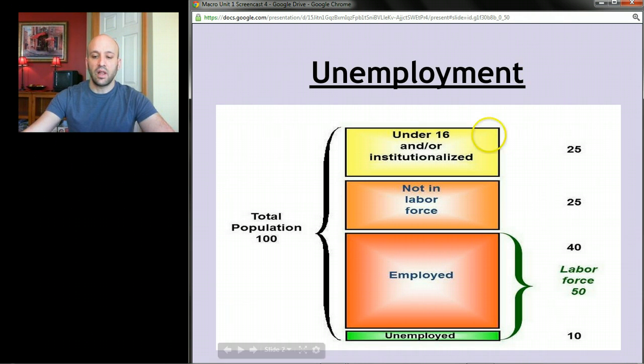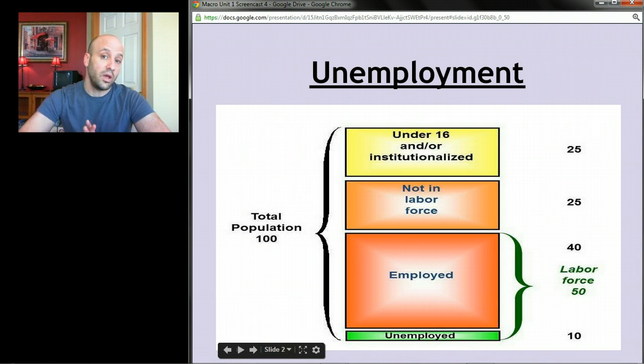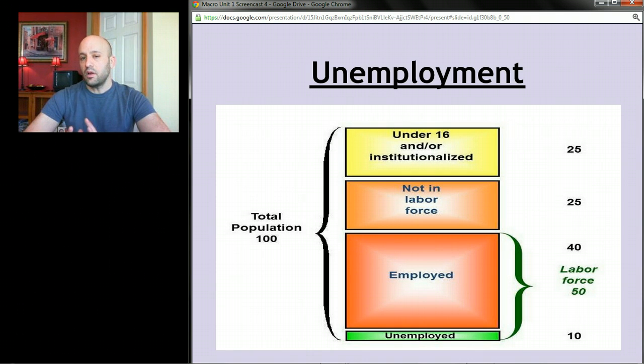Because a lot of the people that are sitting on their couches out of the labor force will start to notice that the economy's getting better, and they'll start looking for work again, and as soon as they start looking for work, they jump down into this green box, the unemployed box, which makes the unemployment rate go up. So the unemployment number is a little bit tricky, and you got to take it with a little grain of salt when you hear that number in the news.